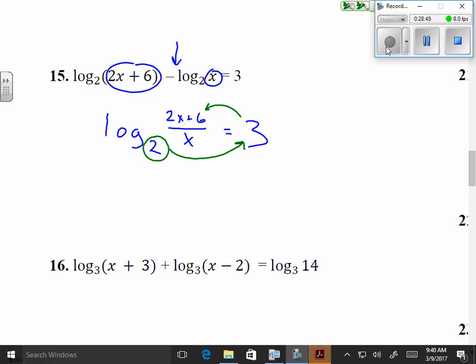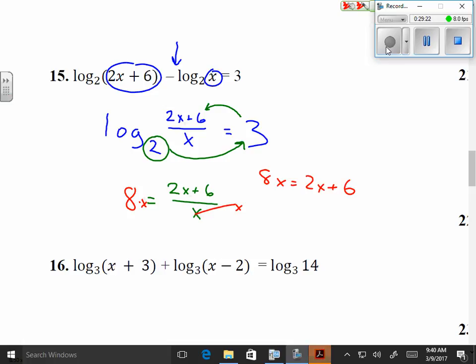So 2 to the 3rd equals 2x plus 6 over x. 2 to the 3rd is 8. Multiply both sides by x. 8x equals 2x plus 6.